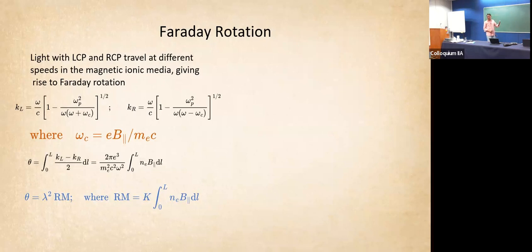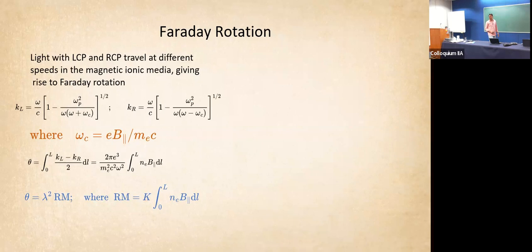They experience different refractive indices, and that difference mainly comes from omega c, the cyclotron frequency in the system. Any linearly polarized light can be decomposed as a combination of LCP and RCP. So when we do the analysis, what comes out is that the angle of the polarization becomes a function of the density and the magnetic field.